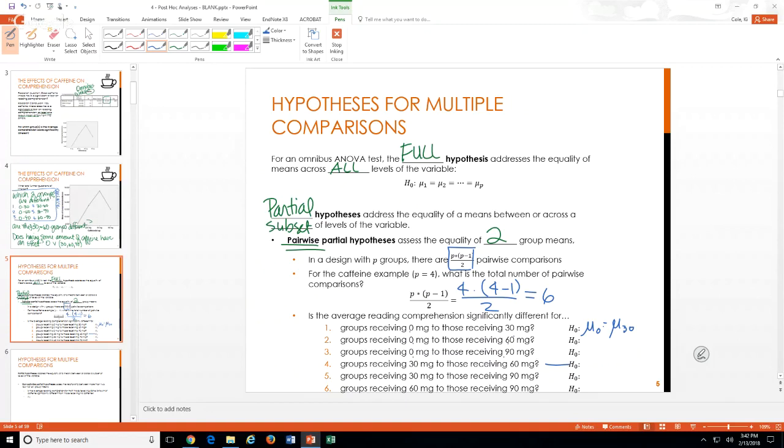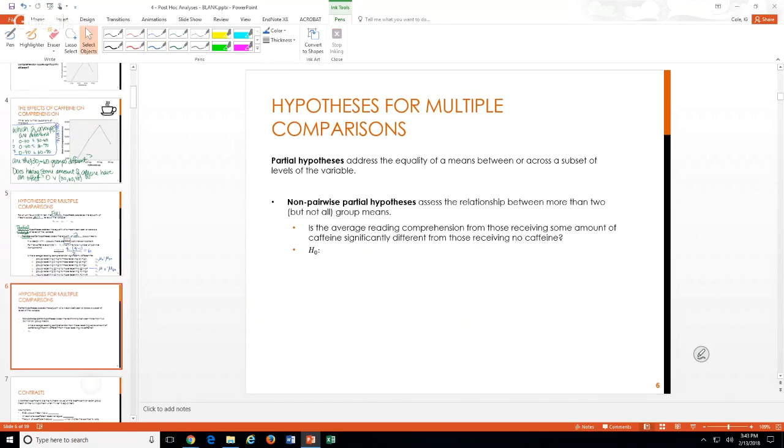So the mu of 30 equal to mu of 60. Good. So we could write a null hypothesis for each of these partial pairwise hypotheses.